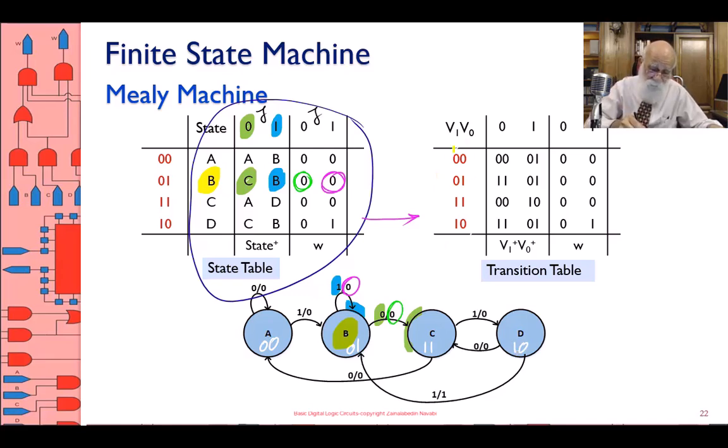Then I do the same as before: in this state table, wherever I have A, I put 0, 0. Whenever I have B, I put 0, 1, and so on. That gives me my transition table. Transition table has some timing involved, that means after the clock.